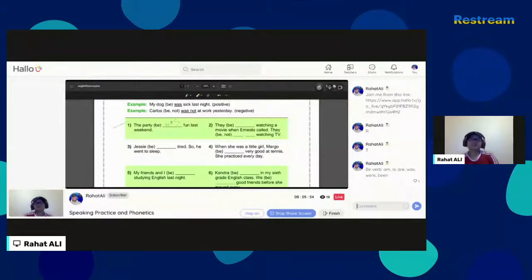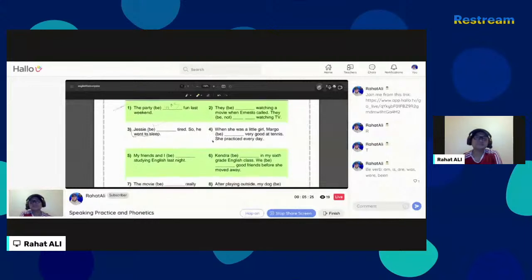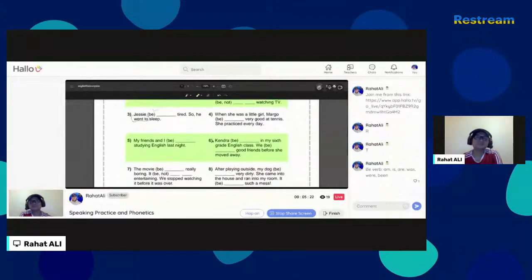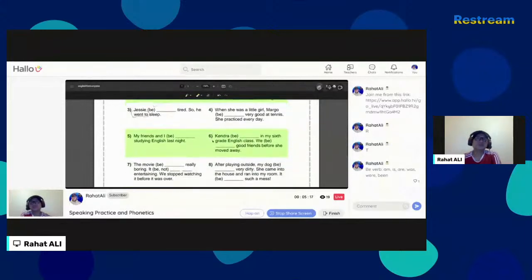Okay, number 3. JC be tired, so he went to sleep. Look at this amazing part. Double consonant rule. Went to, and be is there. Okay.